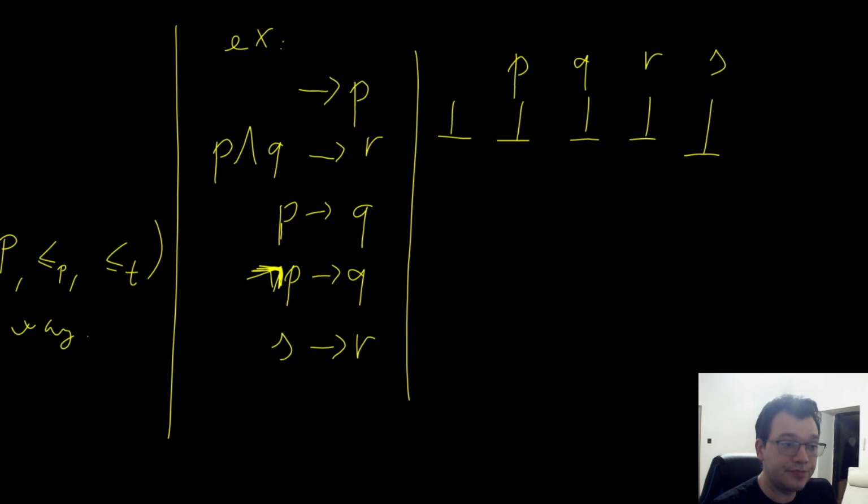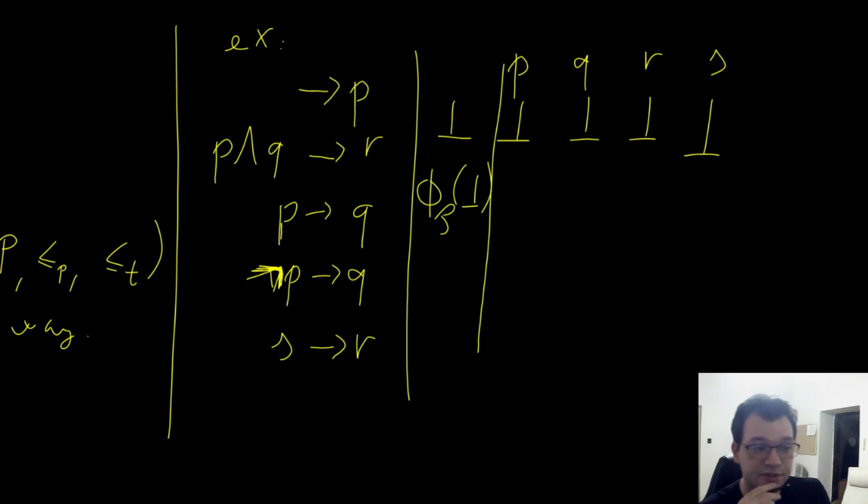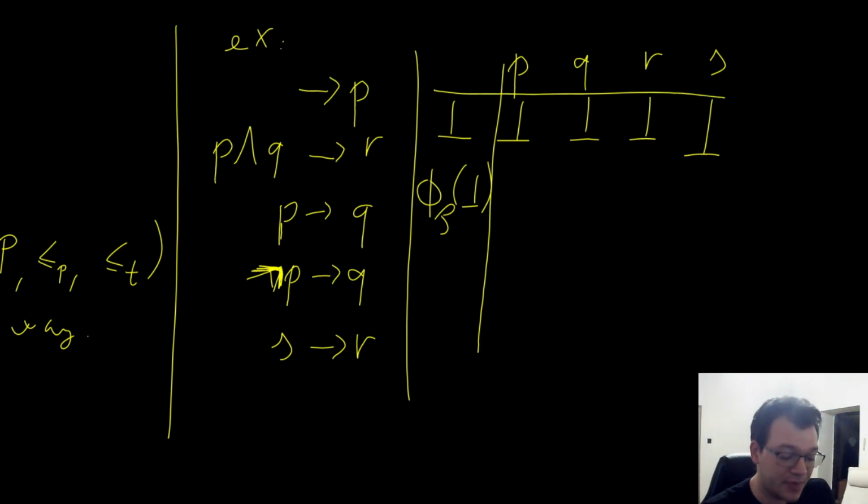Now P, Q, R, and S have these values set to unknown originally, and then we just try to compute the phi P of this particular assignment.